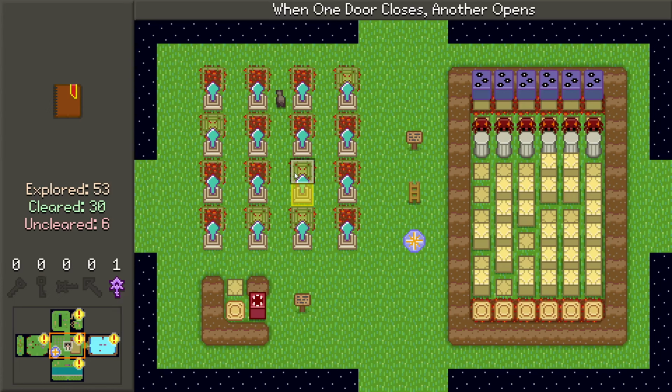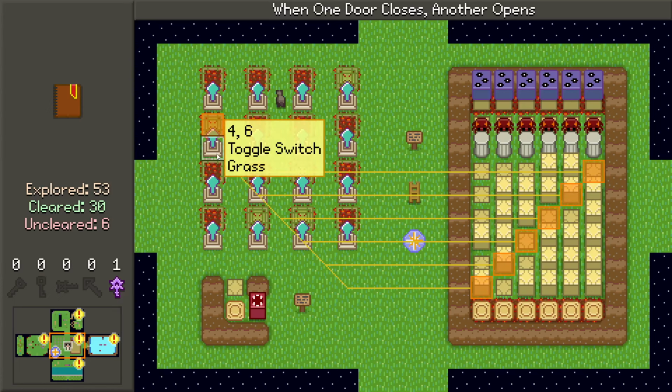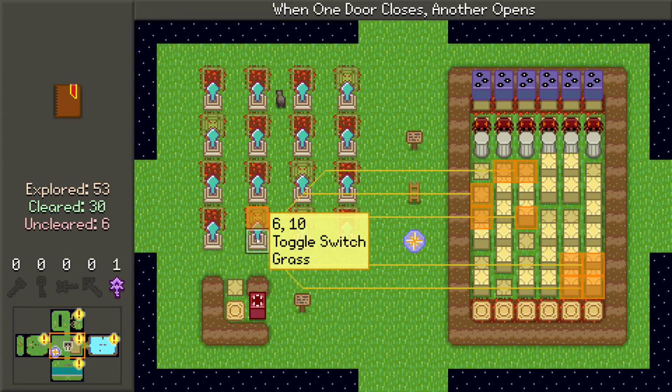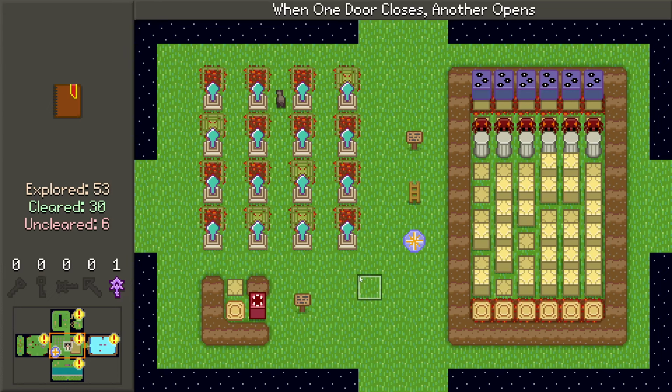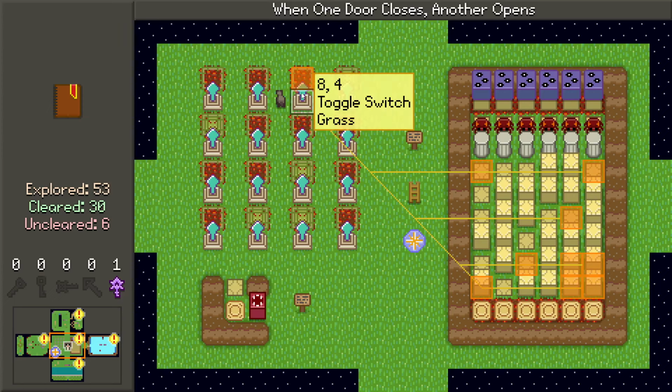Oh boy, hang on. Okay, so I know that 4-6 is on, and I know that 6-10 is on, and everything kind of follows from there. Now, there's a reason that I know 8-4 is off. Why is that?